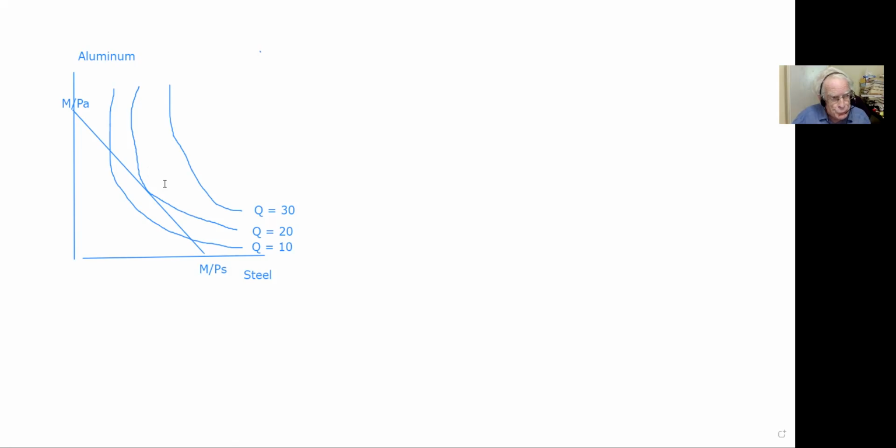So we maximize production by finding the tangency point where the slopes are the same for the isocost line and the isoquant.